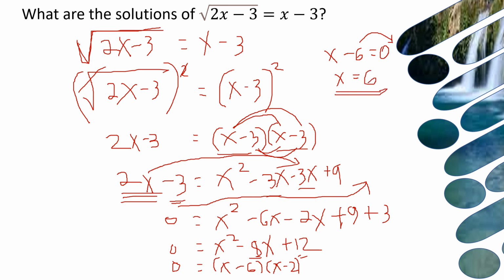And the other solution comes from the second factor, x minus 2 equals 0. Transpose negative 2 again to the other side, you get x equals positive 2. So this is the other solution. The two solutions are 6 and 2.